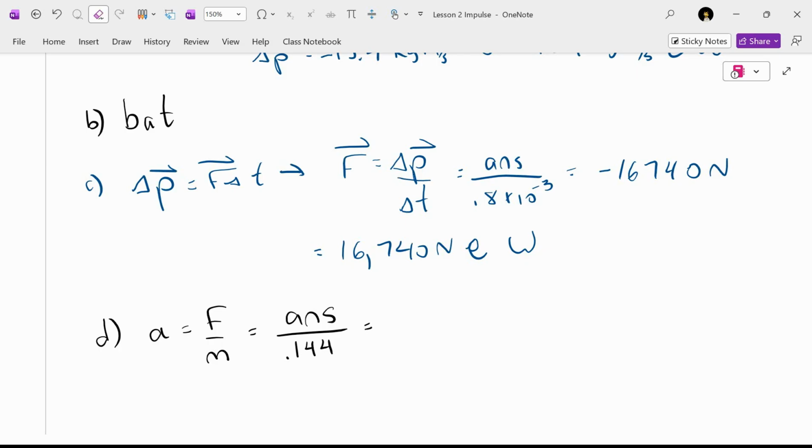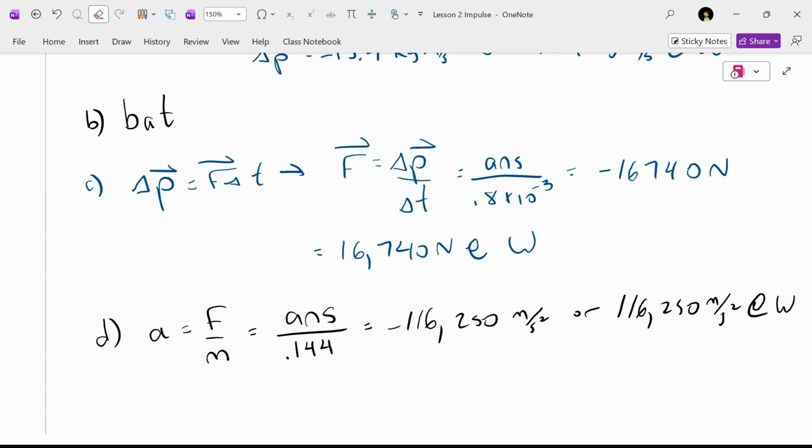See if you can be a little better than Martin. What's the answer? Yeah, it's negative because, of course, the acceleration is to the west as well, and you let west be negative. It's going to be a big acceleration. Negative 116,250 or something like that meters per second squared, or 116,250 meters per second squared to the west.